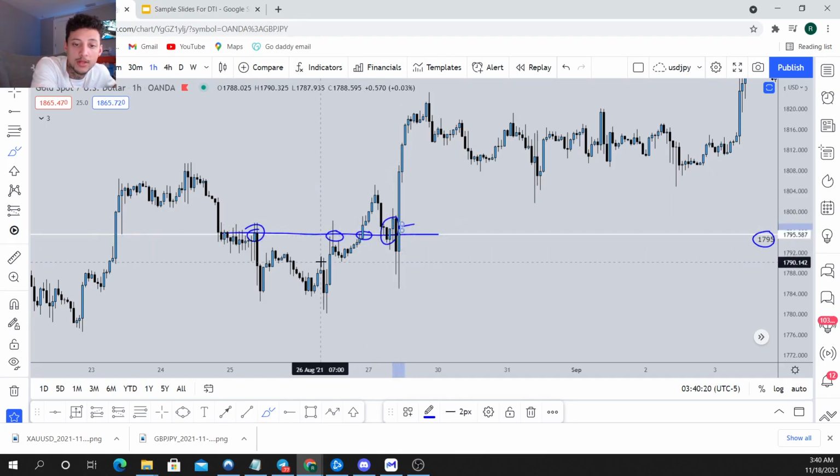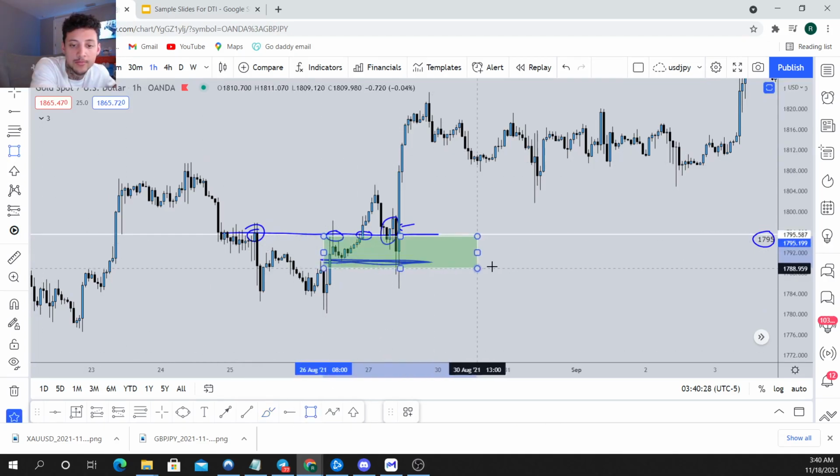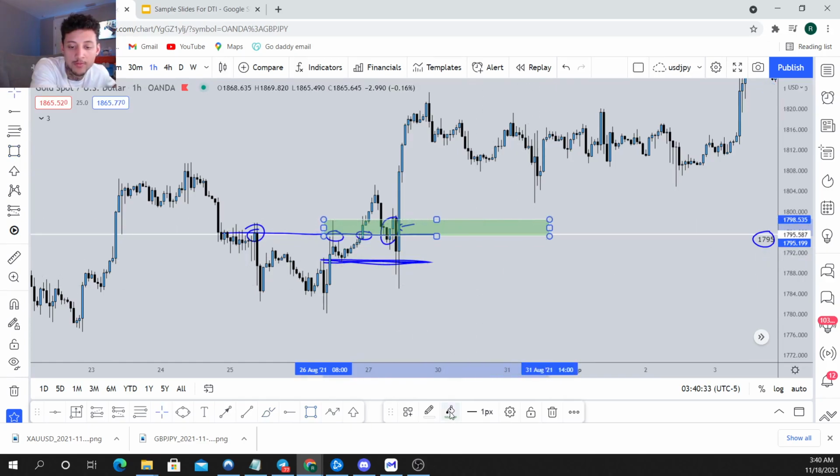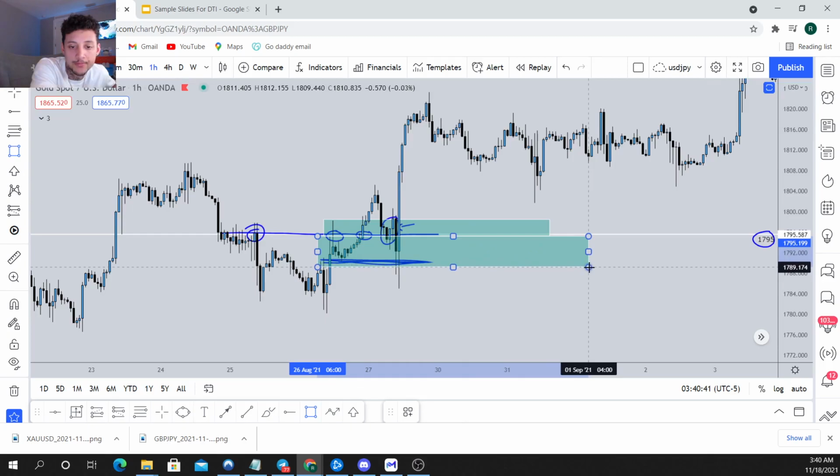So people are going to be placing their stop losses around this area maybe. And some people consider this entire zone full of buys. Let's put this green again. So that green area is going to be full of buys.